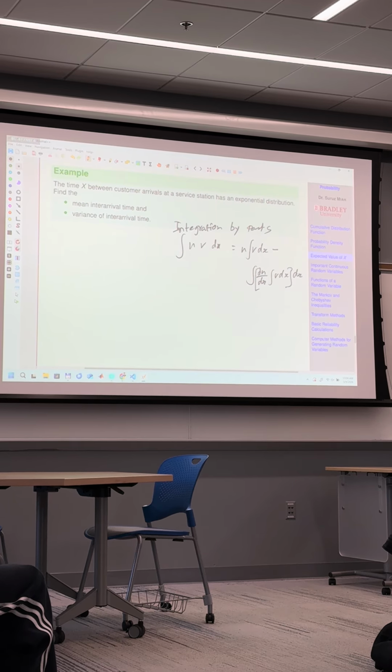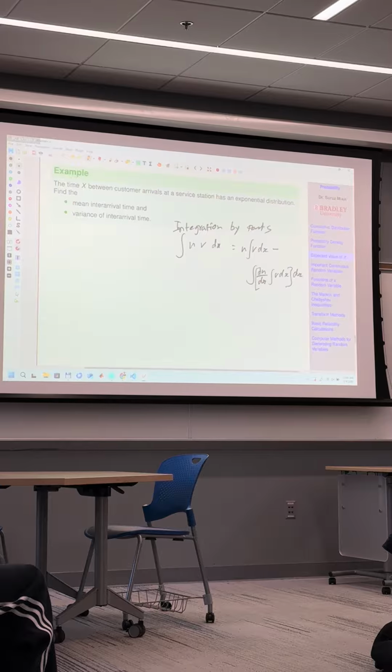So this is the formula, integration by parts. We'll be directly using this formula, and I will not go through all this Calc 1 integration procedure. I'm just going to give you the main idea.